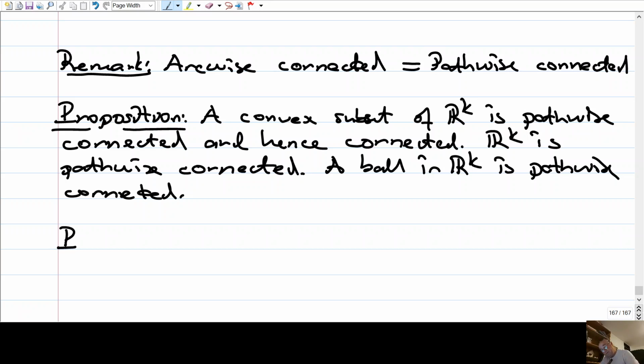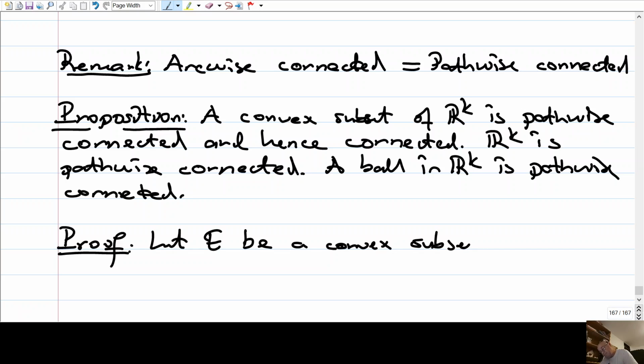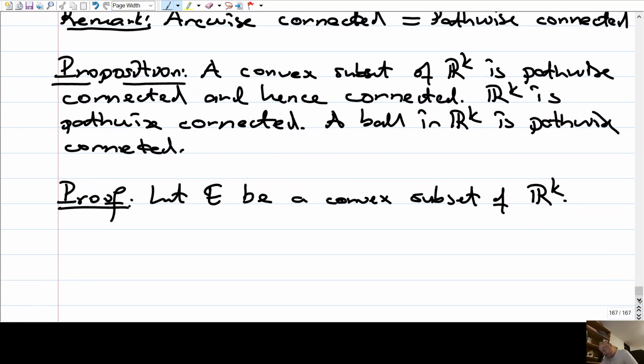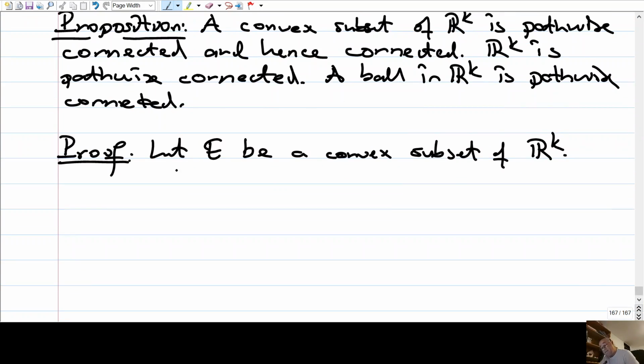So let's prove this. Let E be a convex subset of Rk. Convex means what? By definition, convex means any 2 points in E can be joined by a line segment lying completely inside E. So a convex subset is something like this.